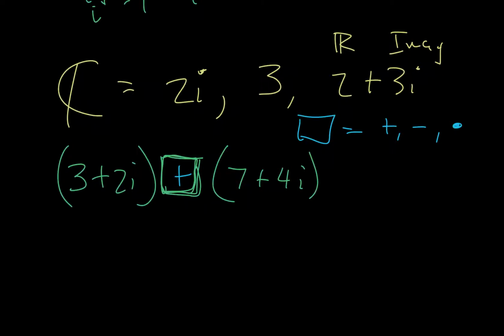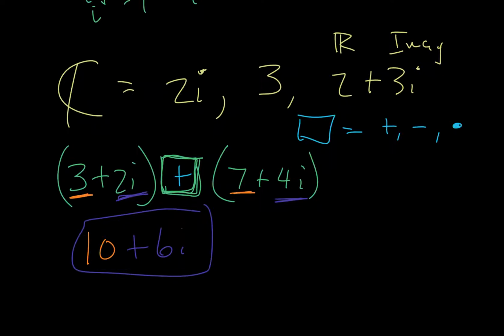If we're adding imaginary numbers, then we just combine like terms. That's it. Since this is a real number and this is a real number, 3 plus 7, we get 10. Since this is an imaginary number and this is an imaginary number, 4 plus 2 is 6i. And that's all we do for addition.